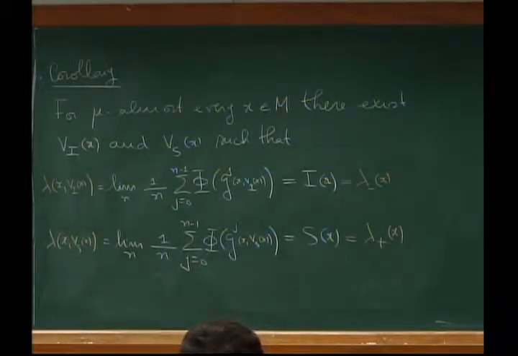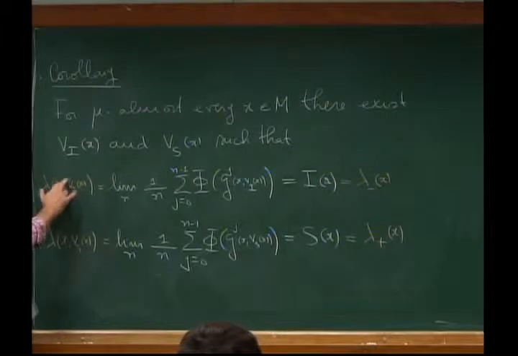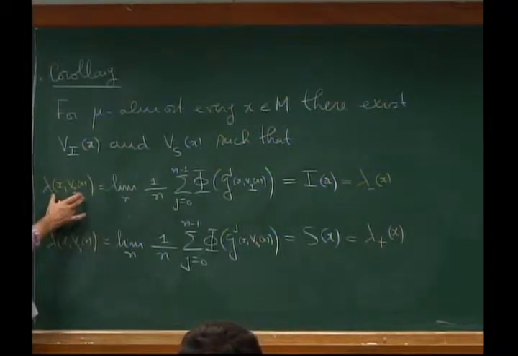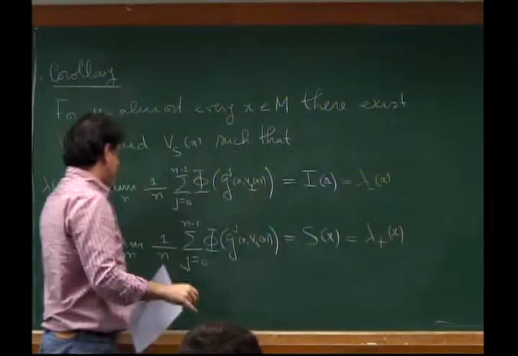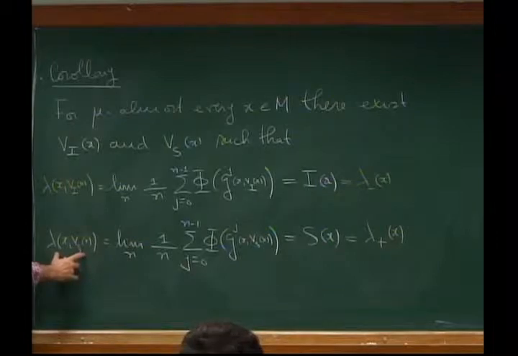So what we are saying here in this corollary is that at each point there exists some vector vi whose rate of growth is lambda minus, and there exists some vector whose rate of growth is lambda plus.